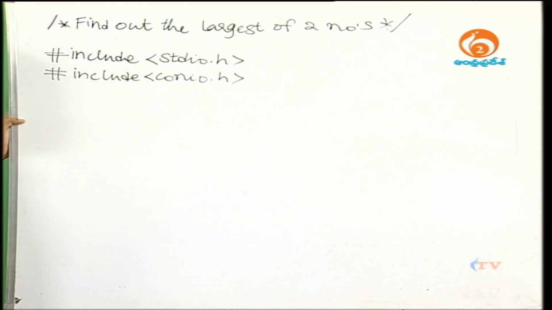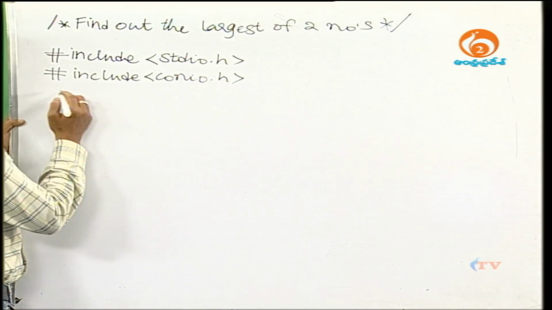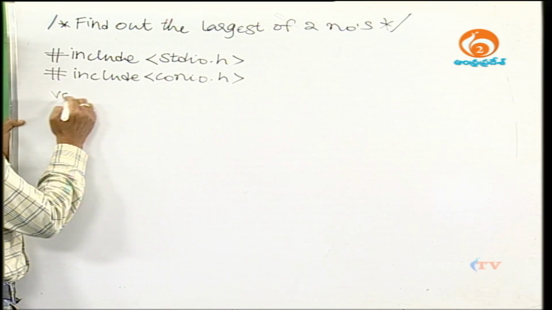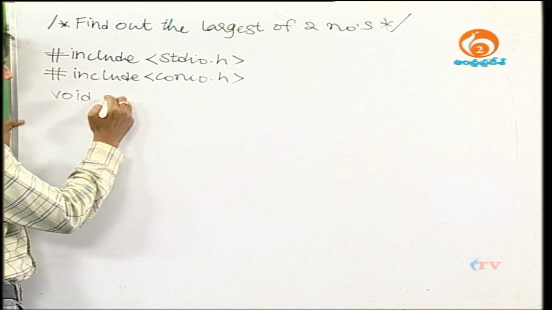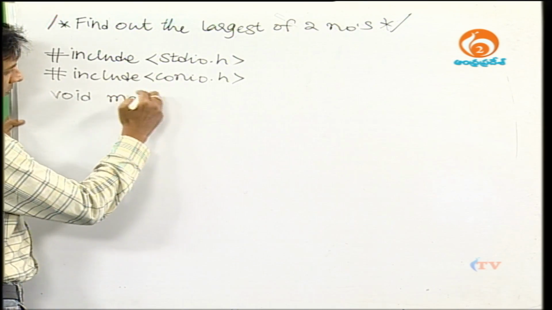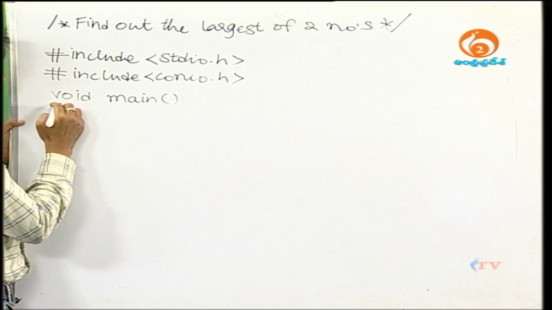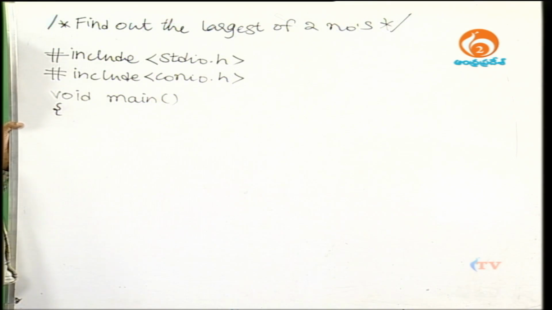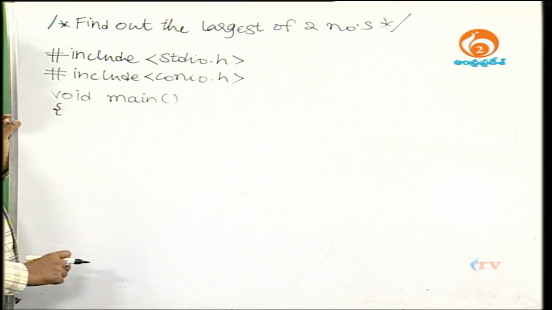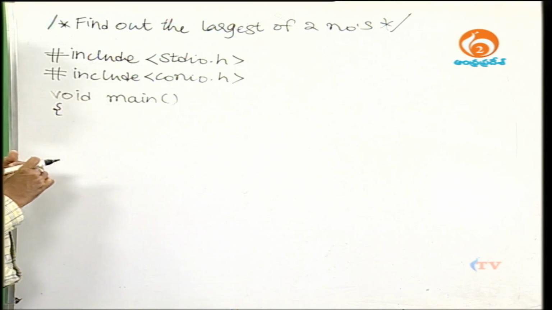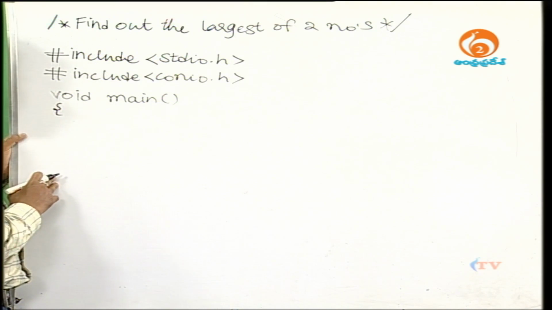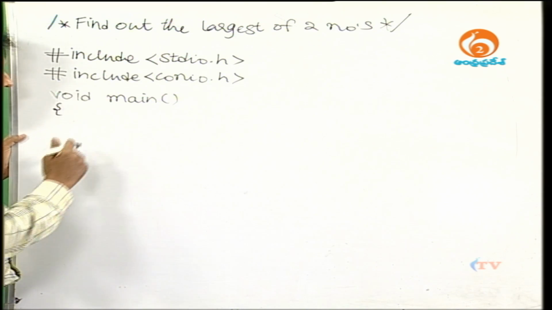Next, void main, this is the beginning of the C program. This is also called the function section. Now we enter the function section.